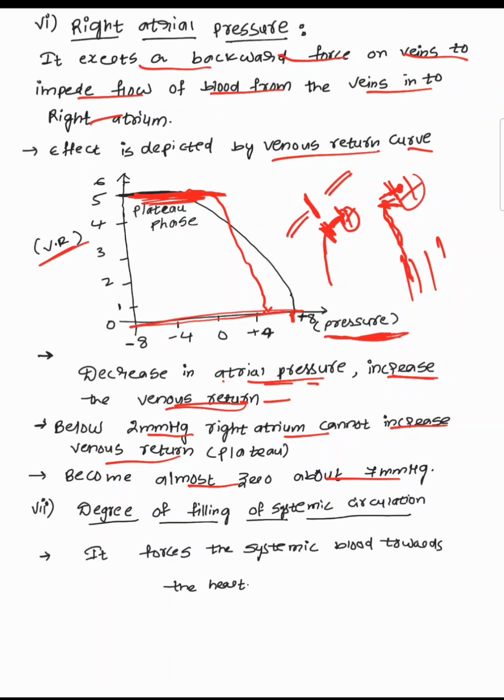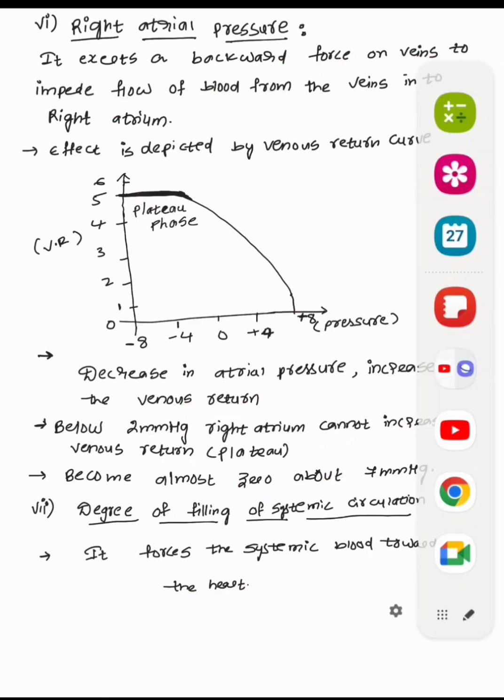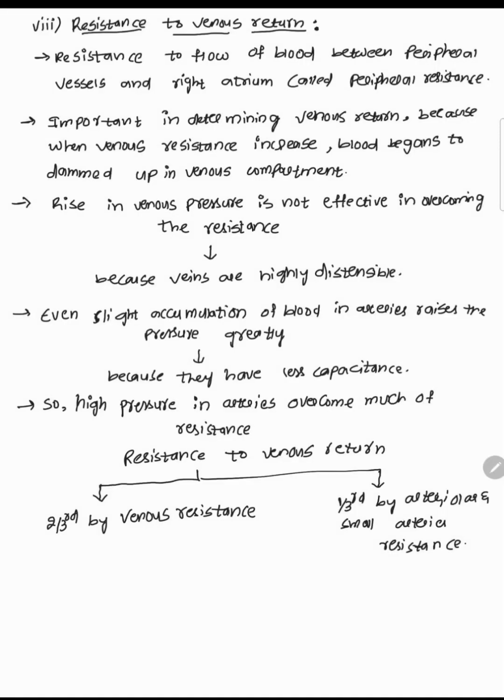Okay. Then, degree of filling of systemic circulation. It forces the systemic blood towards the heart. Means systemic circulation helps in pushing the blood towards the heart, so that there will be an increase in cardiac output. The resistance to venous return. Resistance means obstructing the flow of this venous return.